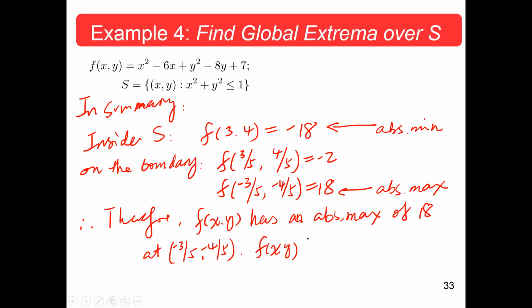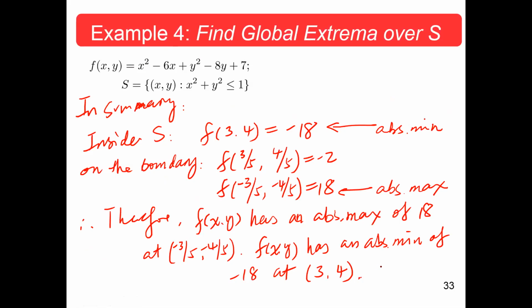The function f of x, y has an absolute min of -18 at 3, 4. So that's the end of this question. Make sense?